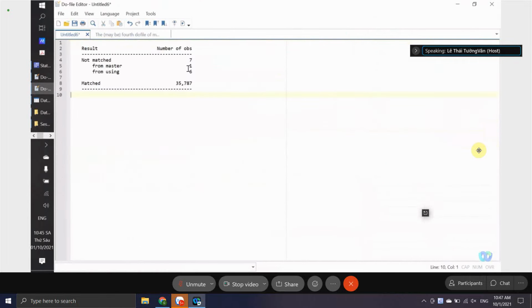Not match, let's say 7,000. Match from master is 3,000. From using is 4,000. And number matched is something like 200.